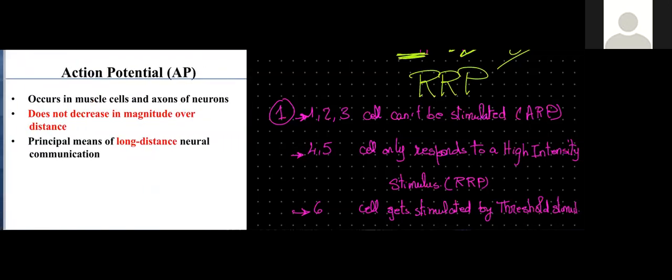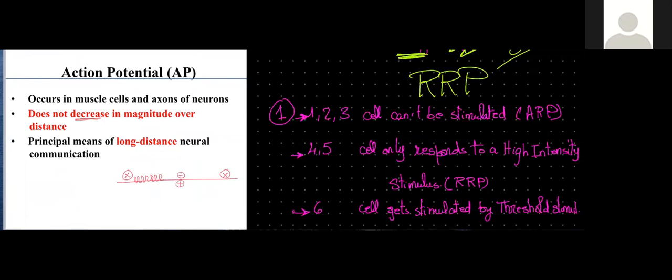An action potential, on the other hand, is all-or-none. It does not decrease in magnitude over distance. So the action potential at the beginning of the axon is going to be the same as at the end of the axon. There will be no change because every time you're going to open enough sodium channels, creating the same change in the membrane polarity, making the inside again more positive compared to the outside, which will become more negatively charged.